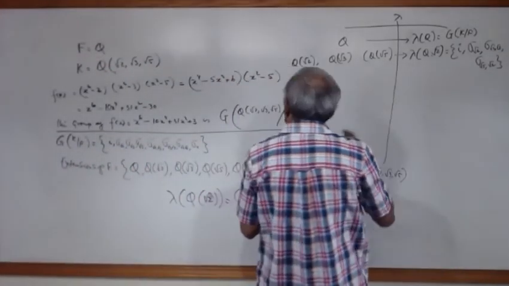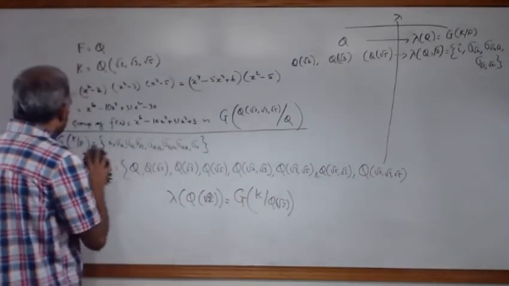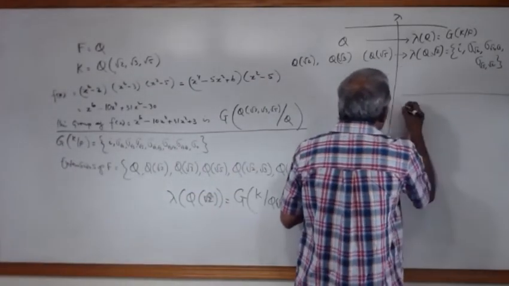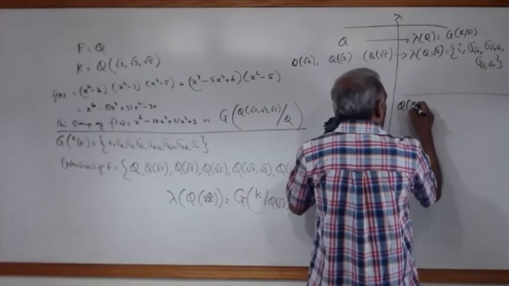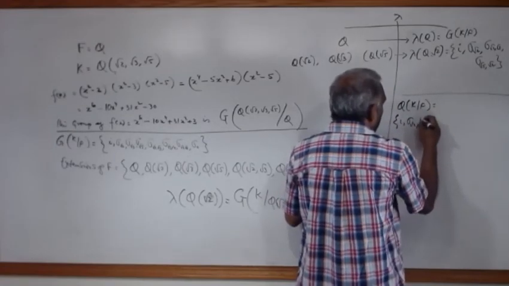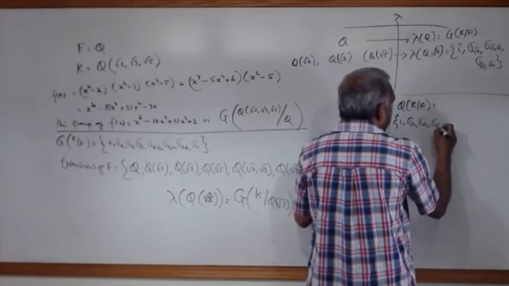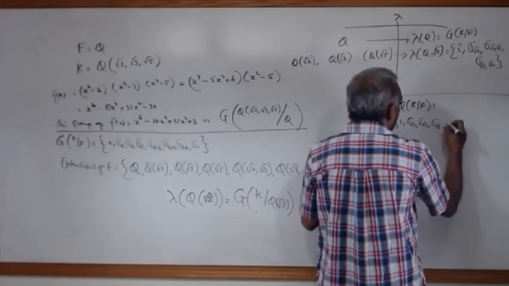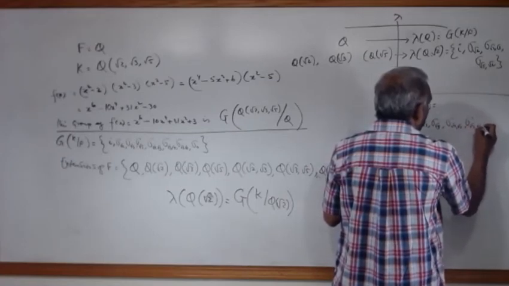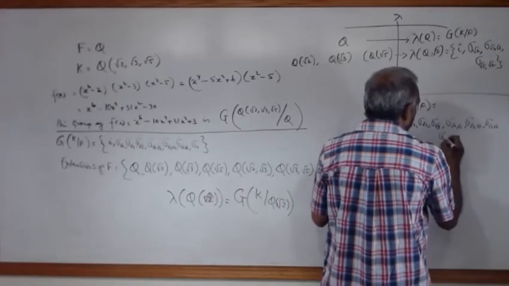Similarly, see, I'm going to wipe this off. Instead of writing like this, let me write down G of K over F is equal to I, sigma root 2, sigma root 3, sigma root 5, sigma root 2 root 3, sigma root 3 root 5, sigma root 5 root 2 and sigma 0.